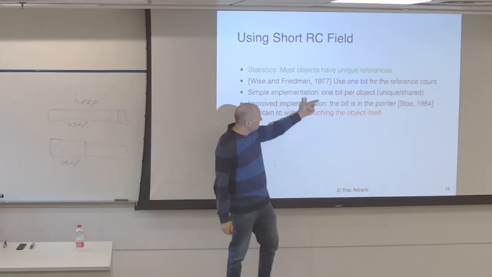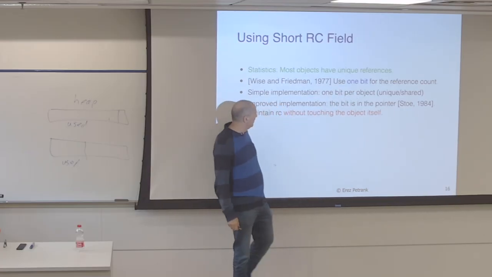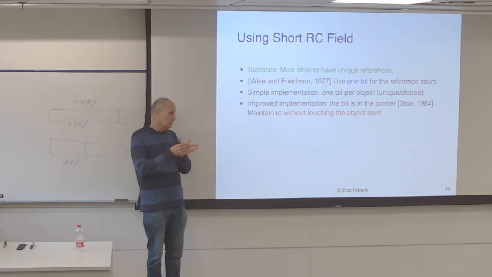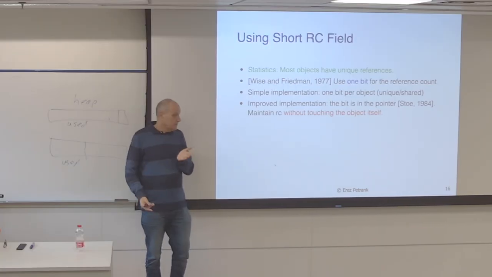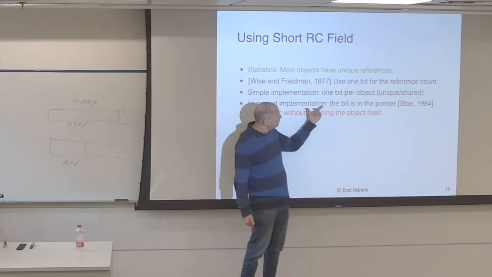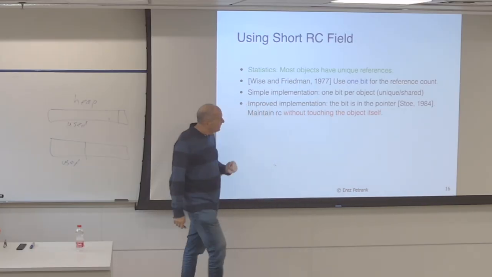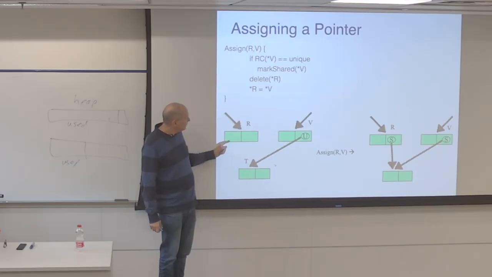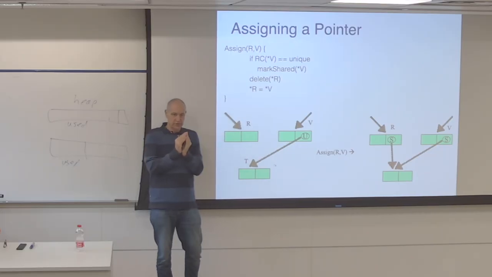And so the simple implementation is to have a bit per object, which says if it's uniquely pointed to or shared by several pointers. And I could improve the implementation. This was suggested later by looking at putting the bit in the pointer.